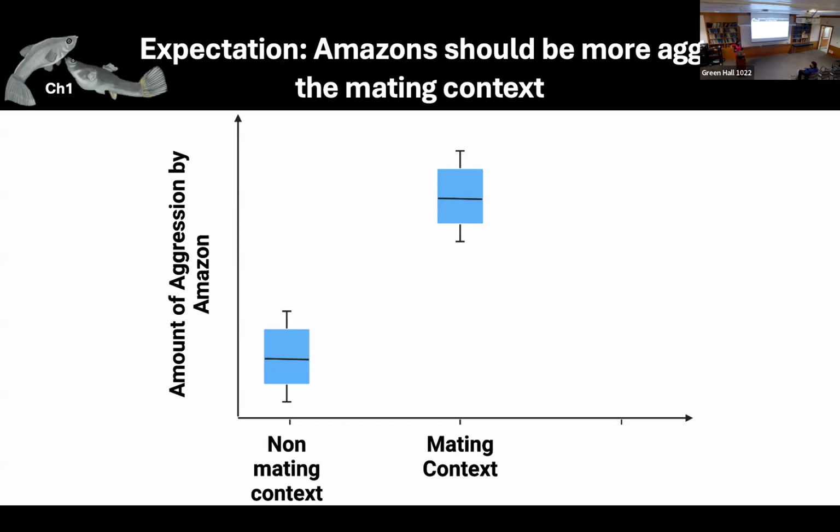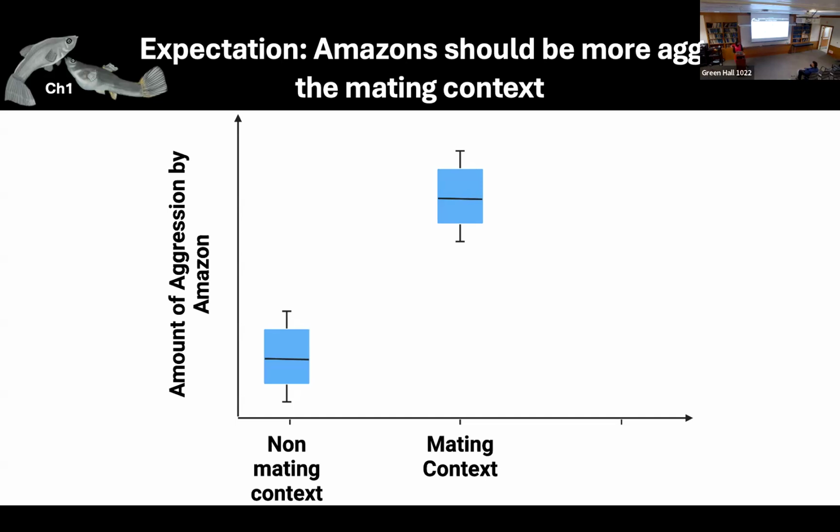Amazons are the ones that are being more aggressive, and they are less aggressive in a non-mating context when the spectator fish is an Amazon, and they are more aggressive towards the Atlantics in a mating context when the spectator fish is an Atlantic male.